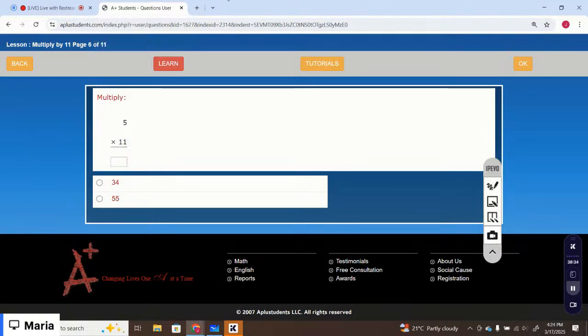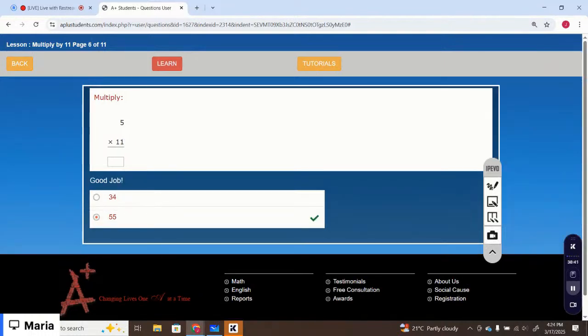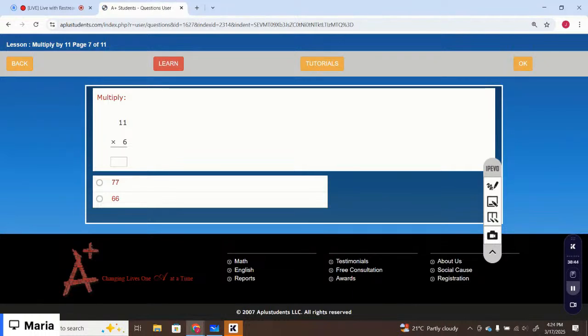Five times 11 is 55. Option number 2 is the correct option. Eleven times 6 is 66.